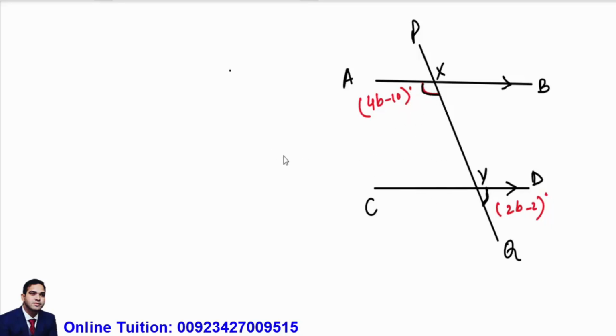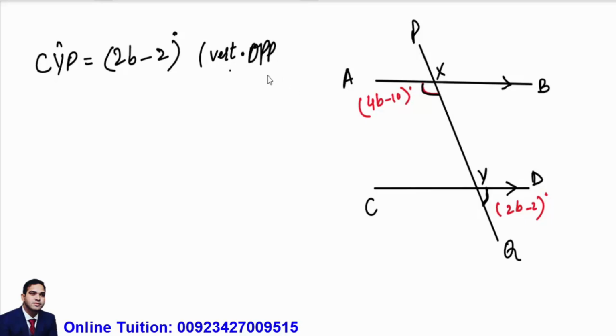For this, first of all, if you can see that this is angle CYP, this CYP is equal to 2B negative 2 degree, because these are vertex opposite angles.